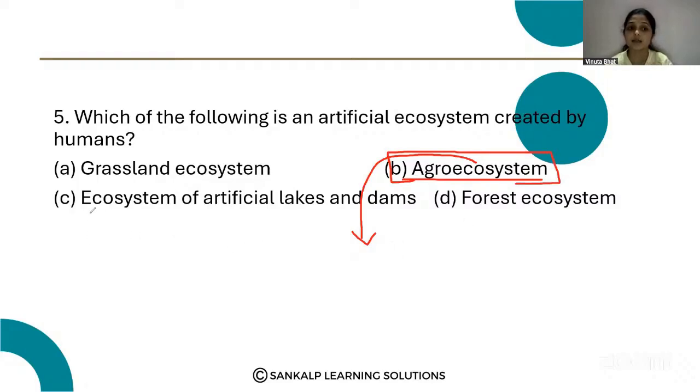But if you consider the ecosystem of artificial lakes and dams, the dams are constructed across the river and all. They are just constructed, but the resources and the remaining organisms are present naturally in that water. So if you compare both the options, the most suitable answer is agro ecosystem.